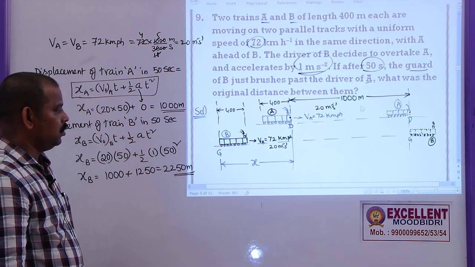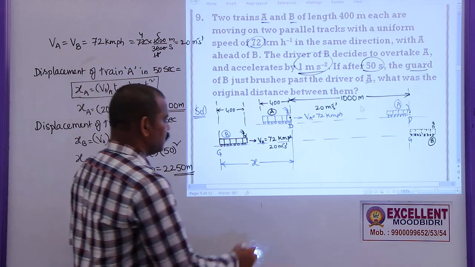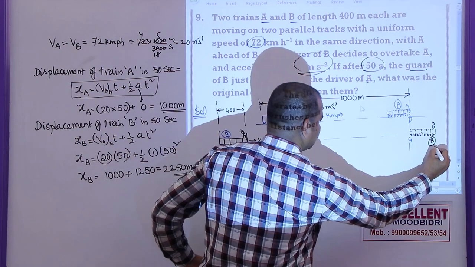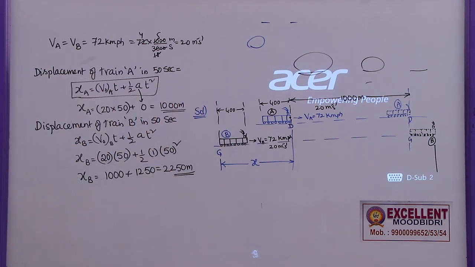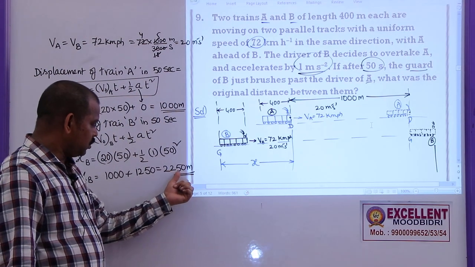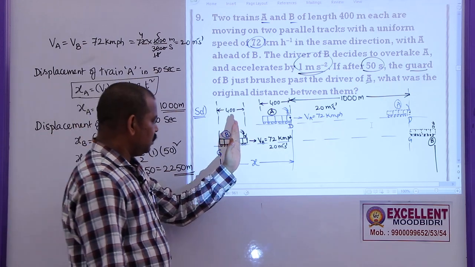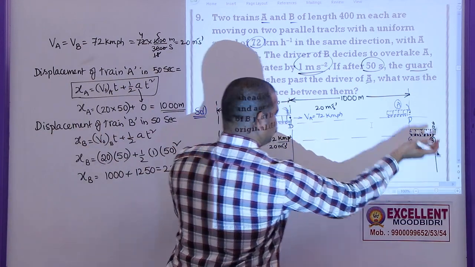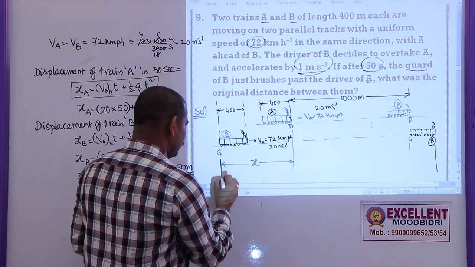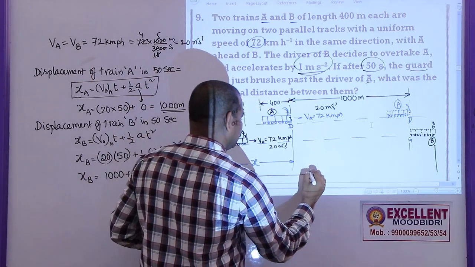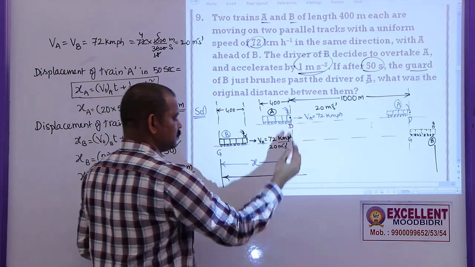So, this is also, let me take from driver to driver. Here this 2250 meters is driver to driver position, or guard to guard position, both are same. So, now let me take guard to guard, that is guard position in the first case to the guard position in second case.